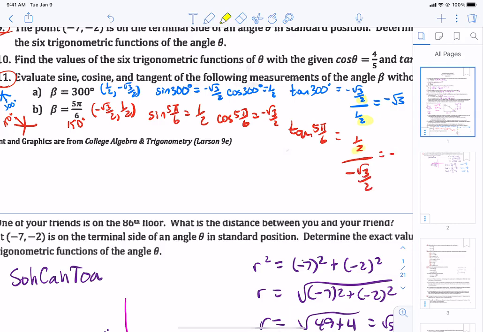This time the 2's still cancel, but this time the 1's on top, and the square root of 3 is on the bottom. Now normally we don't leave it like that. We rationalize, and how does that work? Well, you pop the square root of 3 on top, and a regular 3 is left behind. So your final answer for the tangent of 5 pi over 6 is negative square root of 3 over 3.